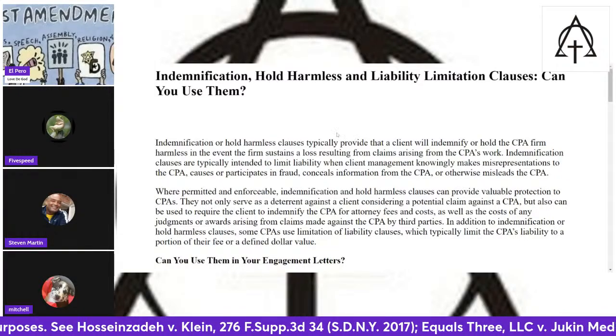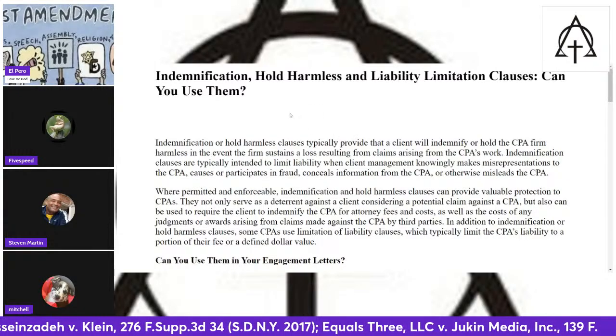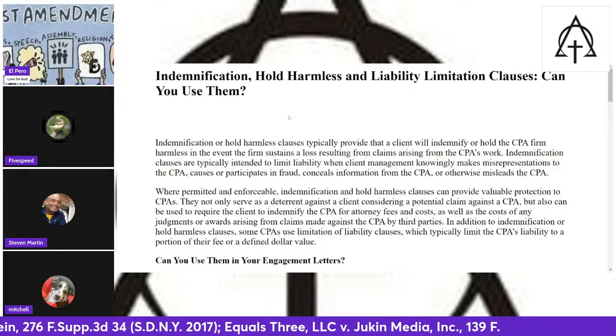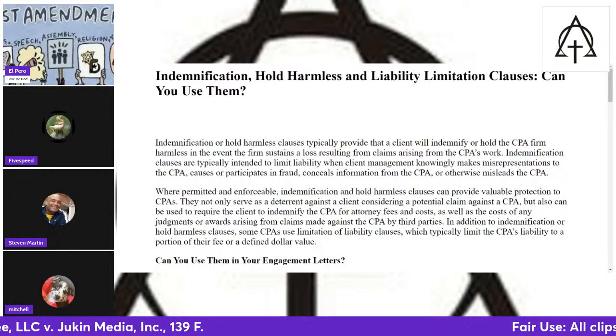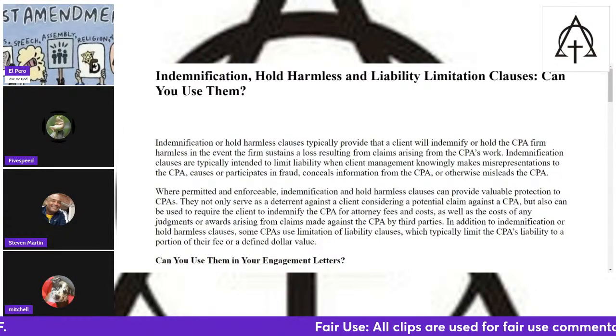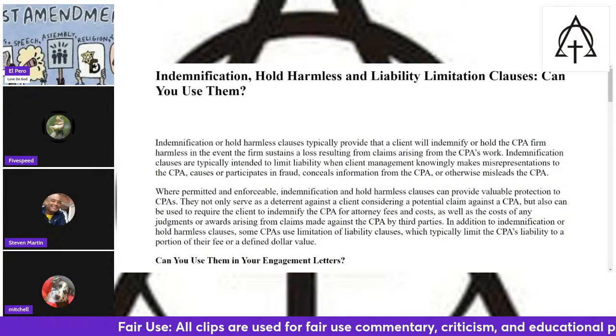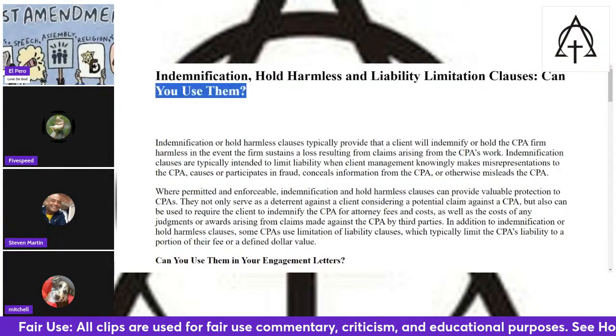So the next one is from formcpai.com. Let me drop this. It says, indemnification, hold harmless, and liability limitation clauses. Can you use them?